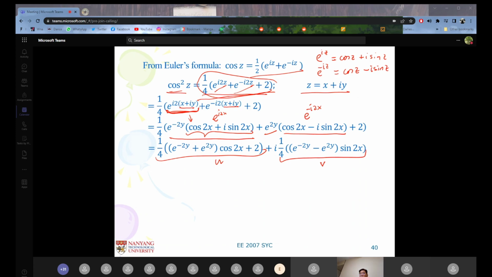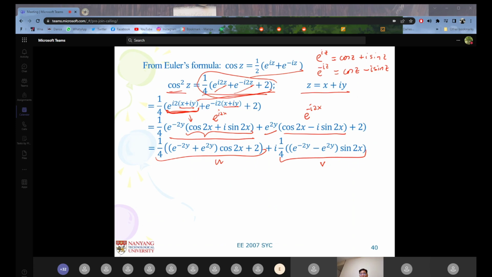Then what you do is establish the four partial derivatives, and then use the CR equations to see whether the four partial derivatives satisfy the two CR equations. And it turns out that it satisfies exactly for all values of x and y.